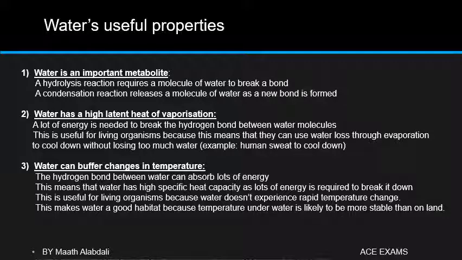This makes water a good habitat because temperature underwater is likely to be more stable than on land. So basically, the water inside organisms, inside us, remains at a fairly stable temperature. So it helps us maintain a constant internal body temperature.